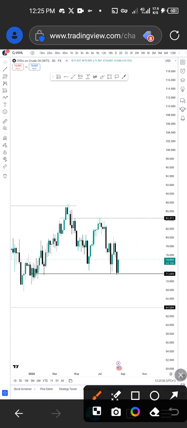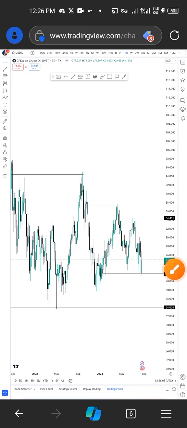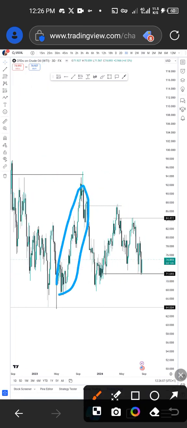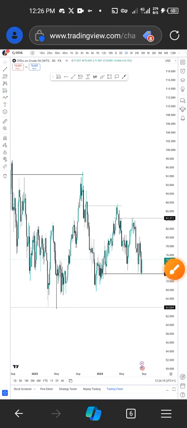So the area of correction has been clearly seen, and you can now see that it's a bullish moving structure. This is an impulsive move, a correction, another impulsive move, then total correction to keep pushing higher.